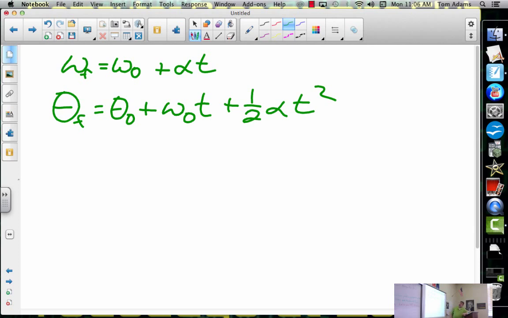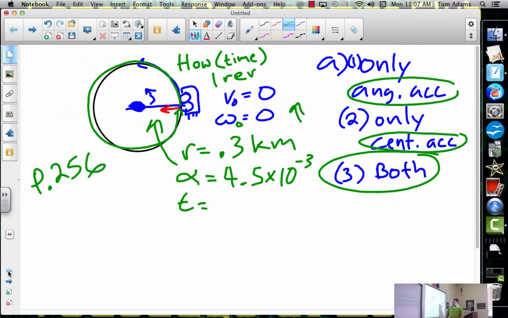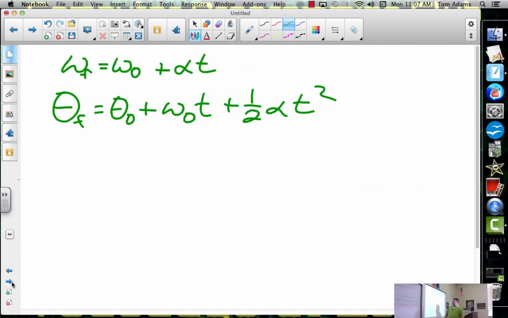Now, do I know my final velocity? Let's look at what we know. Do we know the final velocity? Not really. Let's write it down. Final angular velocity, don't really know. All right, what about theta?